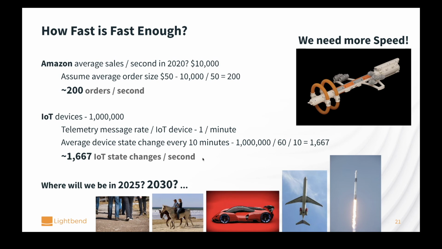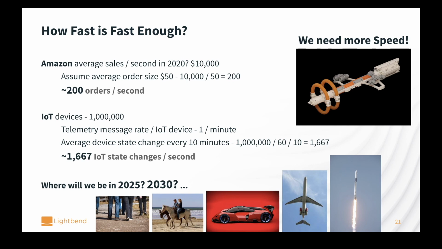So that means that the back-end system has to handle around 1,700 messages per second. Well, I'm sorry, I did the math, right? And I'm assuming that every 10 minutes one of the messages had a state change. Say it's a temperature gauge and the temperature went up or down every 10 minutes or so.